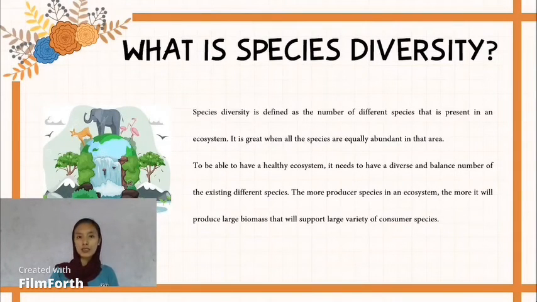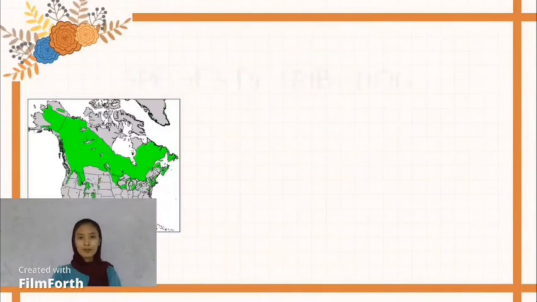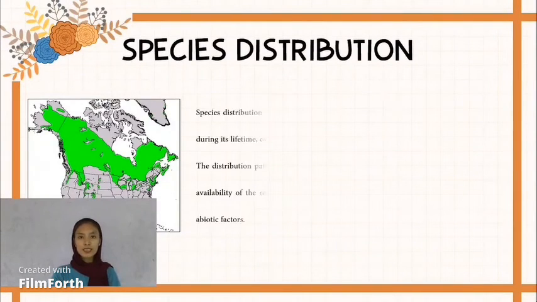According to BioJuice Resources, to be able to have a healthy ecosystem, it needs to have a diverse and balanced number of the existing different species, because the more producer species in that ecosystem, the more it will produce large biomass that will support a large variety of consumer species.